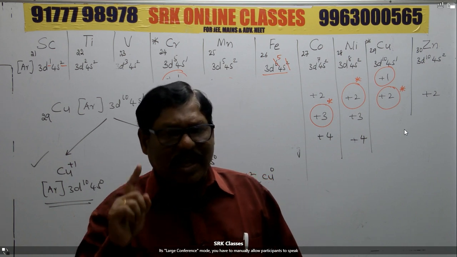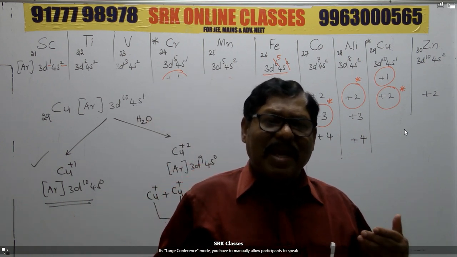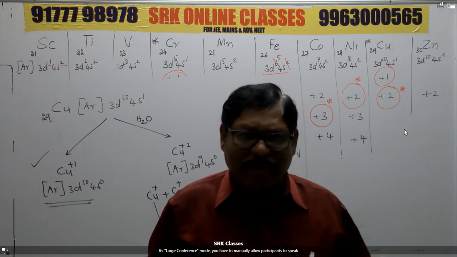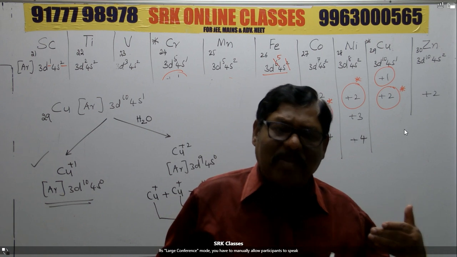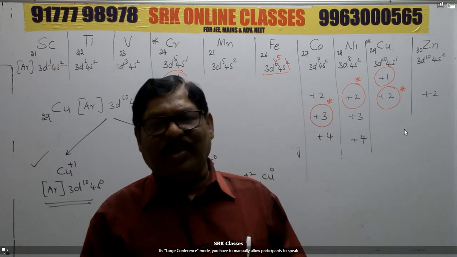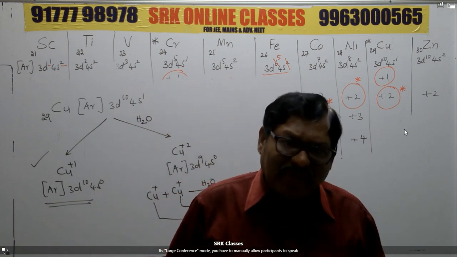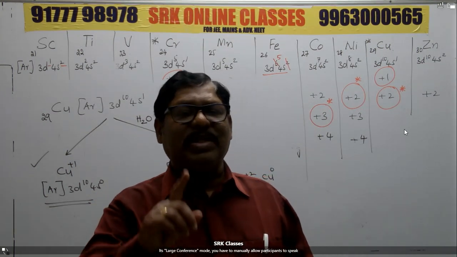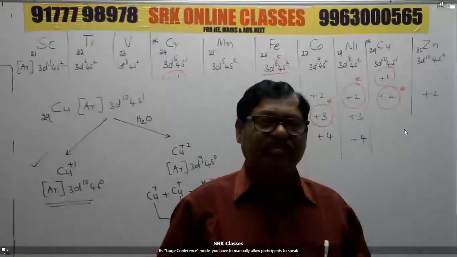Stable oxidation states: scandium is plus 3, titanium is plus 4, vanadium is plus 5, and chromium is plus 6 because of d0 configuration. Manganese is plus 7, that is also d0. Apart from that, the stable oxidation state possesses either d0 or d5 or d10 configurations.